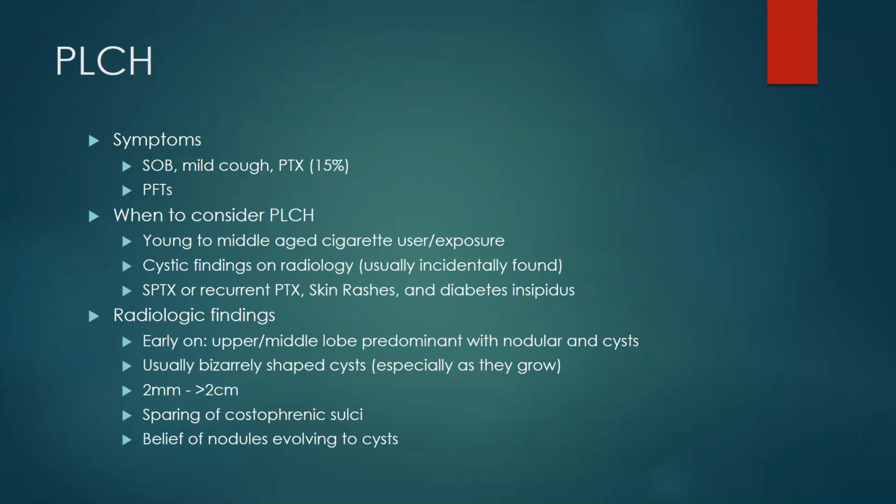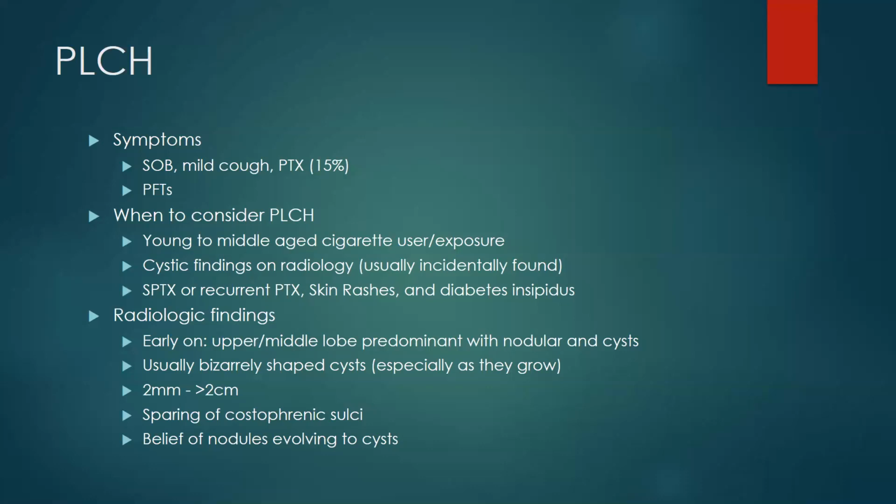In terms of PFTs, they can show a normal, restrictive, or obstructive process, with restrictive being seen earlier on within this disease, and more obstructive the more chronic this becomes.